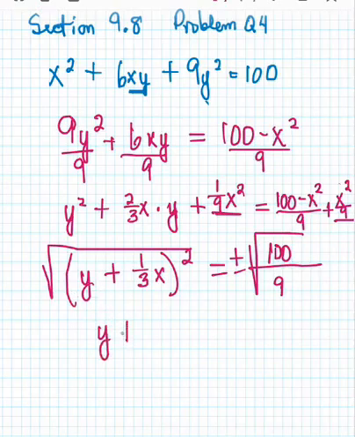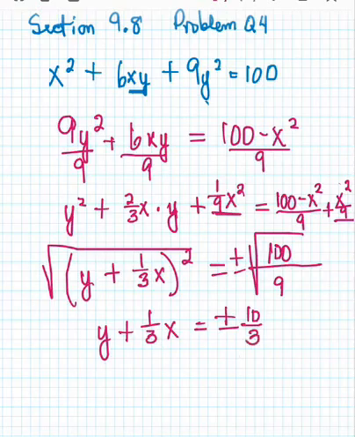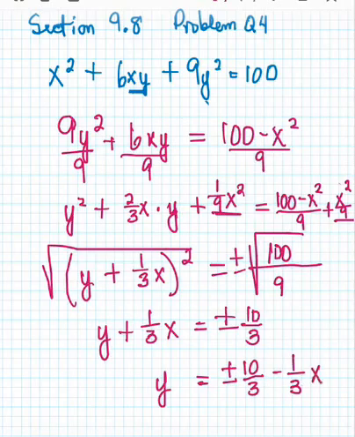So look at what I'm going to get here: y plus 1/3 x is going to equal positive or negative 10 thirds. And so finally, y is going to equal positive or negative 10 thirds minus 1/3 x.